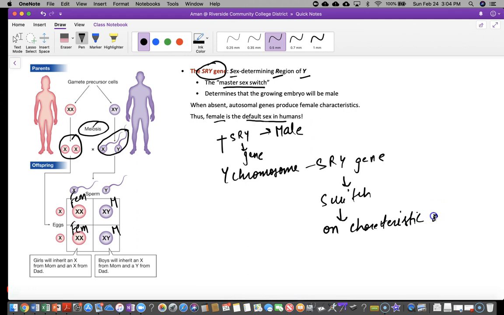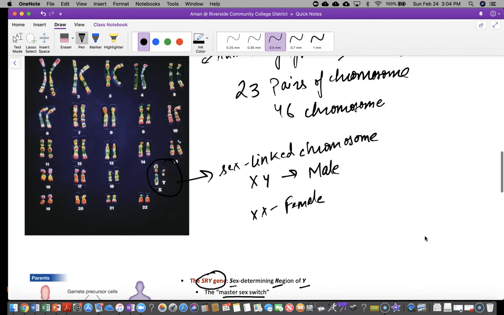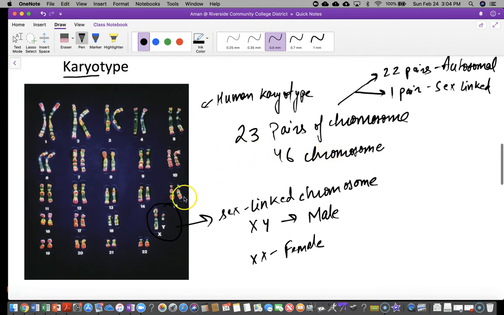So you can imagine here in the karyotype, if there's a gene sitting on the Y chromosome, it's going to tell all other chromosomes to behave such that products like proteins are going to be made inside a male, which is going to be responsible for making an individual a male.